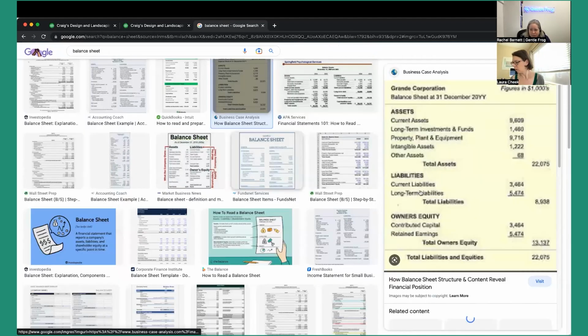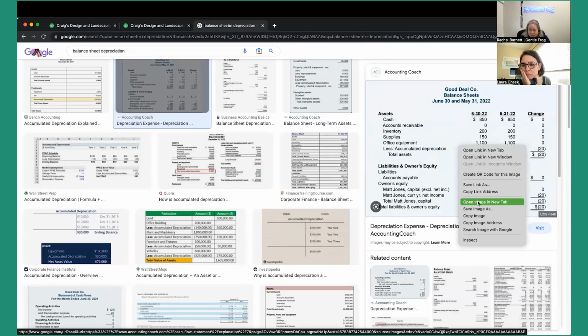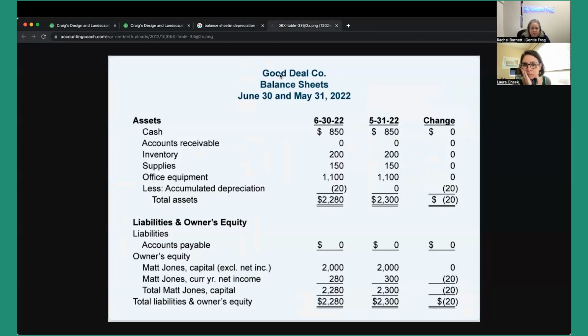So let's see if I can find. Here, let me see if I can open image in a new tab, make it slightly bigger. Okay, this is random from Google Images. But we have our office equipment, and then there's accumulated depreciation. And so this depreciation is a negative number, and that's expected.